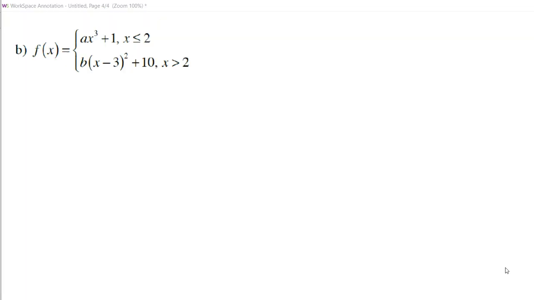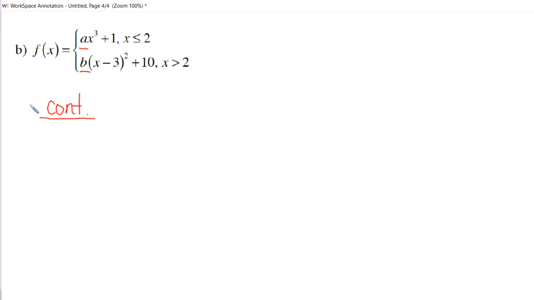Let's do one more practice. Likewise, on part B, instructions are the same. They're saying it is differentiable, and find a and b that's going to make it differentiable. So since it is differentiable, we know that automatically it is continuous. So let's check the continuity part.